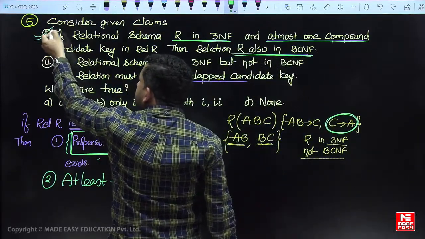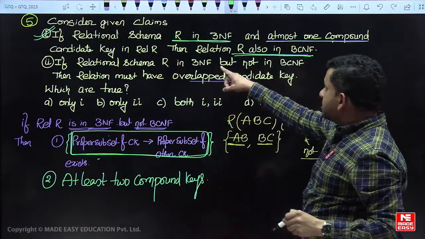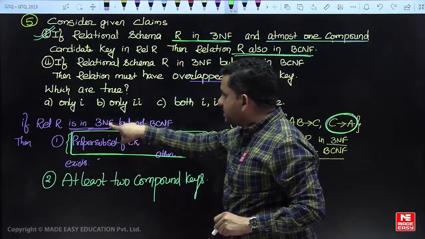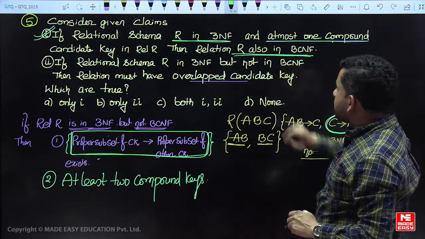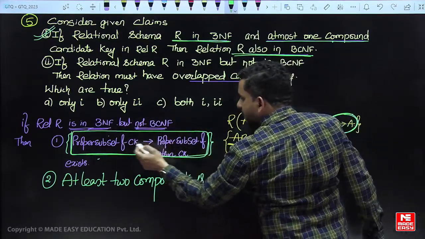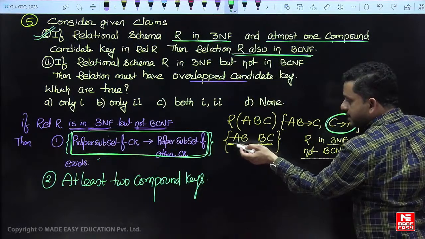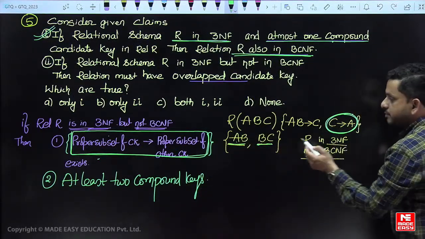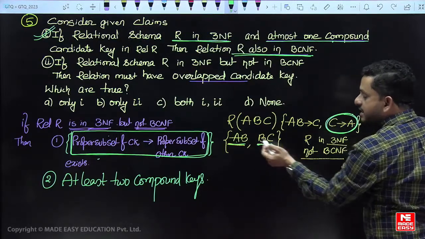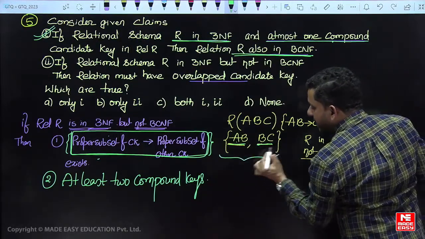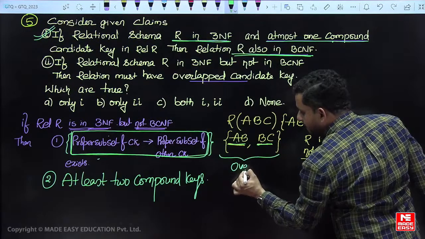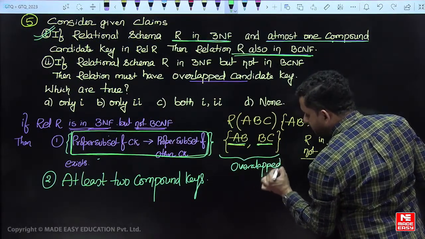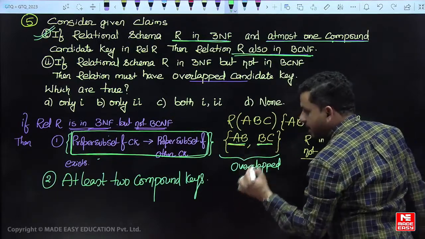Then, if a relation is 3NF but not BCNF, in this case they must have overlapped candidate keys. AB is one candidate key and BC is the other; B is common. Such candidate keys are called overlapped candidate keys, and both are compound candidate keys.